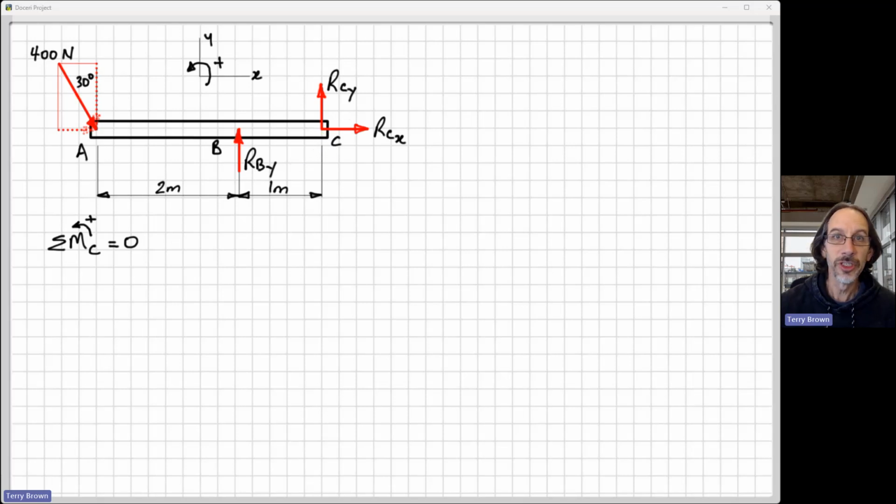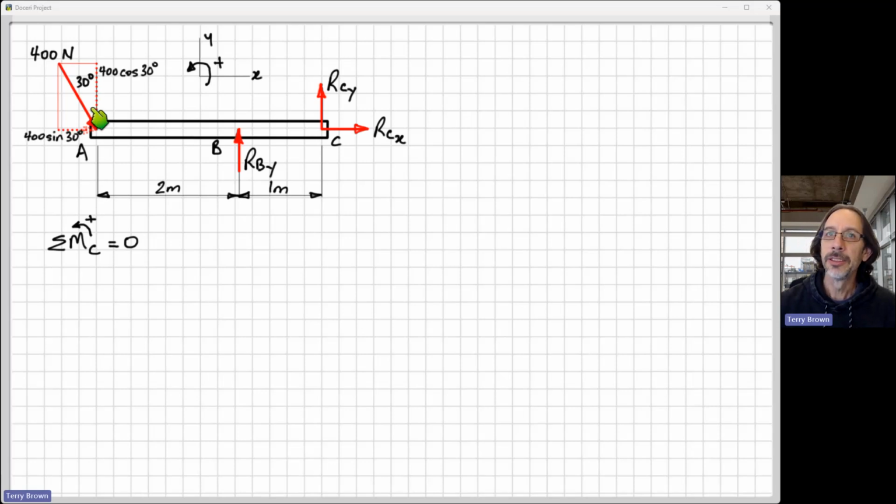It's not too difficult, but it's a little bit more difficult than finding the components of the force and then using the perpendicular distances of the components, because usually in a problem like this, those distances are already given in the problem.